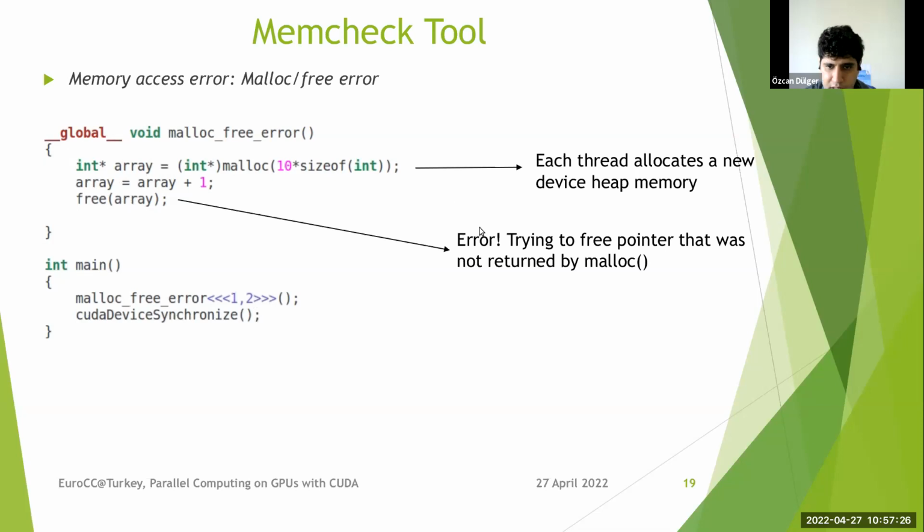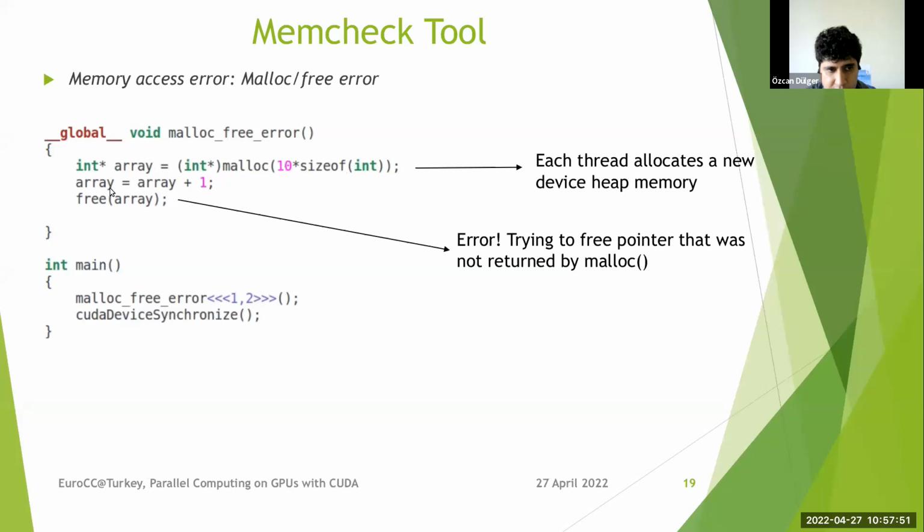because of free. The error is we are trying to free a pointer that was not returned by malloc. What that means is, here we create an array and we use malloc, which creates a device memory location, and malloc returns that information to our array.